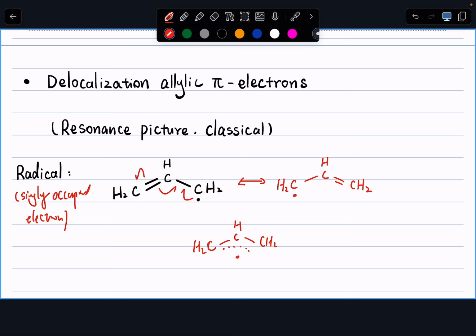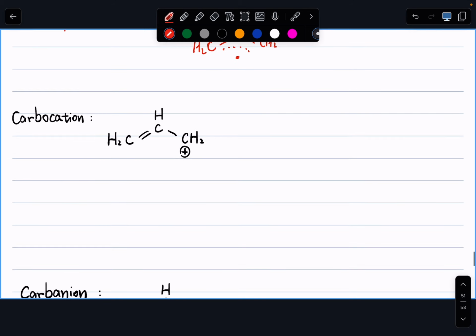But the question is, why does the resonance stabilize our radical? Before we move on, the same also applies to positive charge and negative charge, and these all have different names. For example, if we have a positive charge, then this becomes a carbocation. So it's a positive charge.